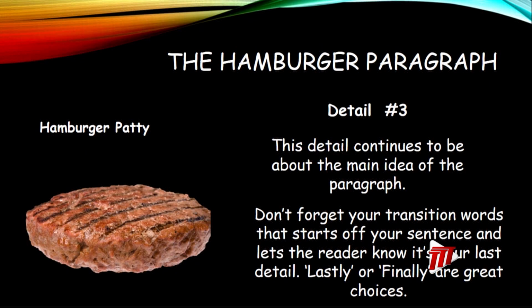This sentence is more or less closing up or ending what our main idea is about. So we can use our transitional words such as finally or lastly. We can't forget to use our transitional words that start off your sentence and let the reader know where exactly in the paragraph you are at.